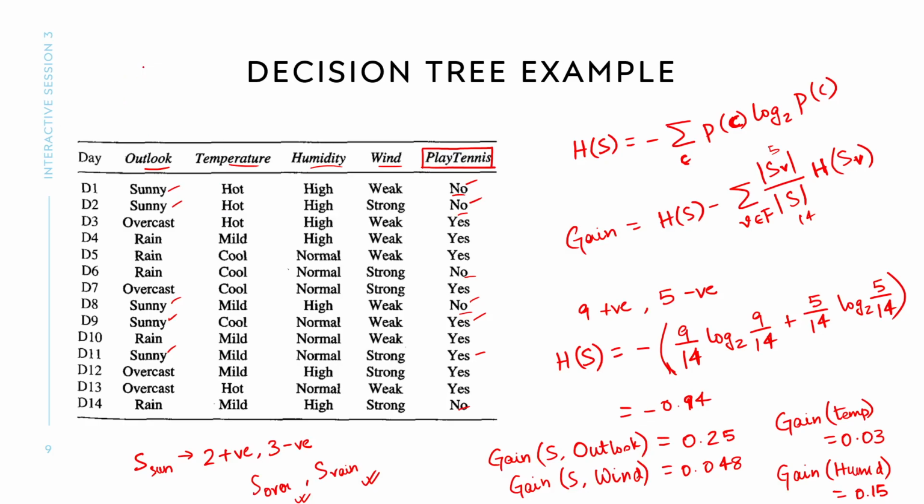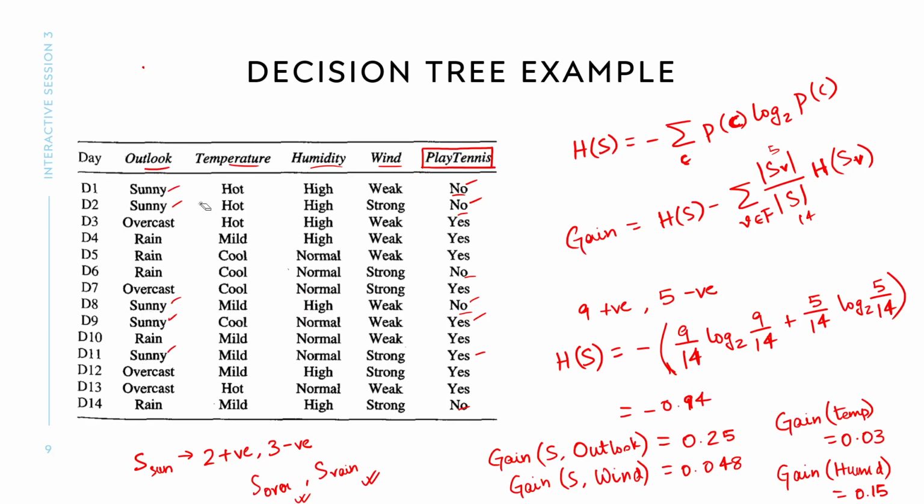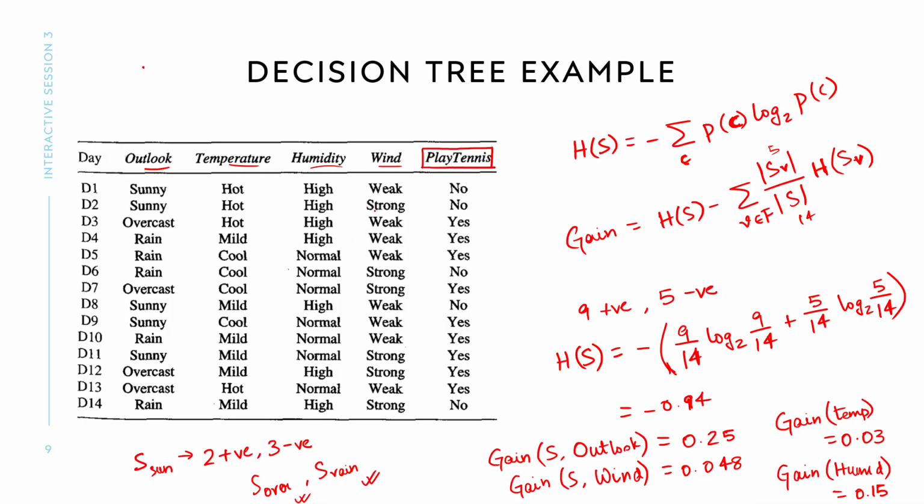So in overcast I will erase all these marks which I made. For overcast, if you see, we have one, two, three, four cases, and the outputs are always yes, right?